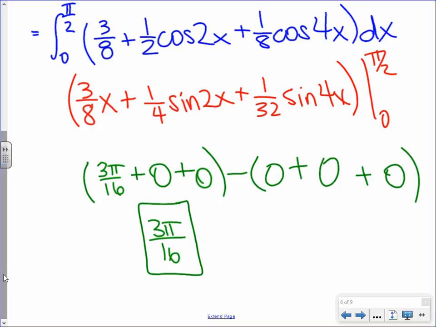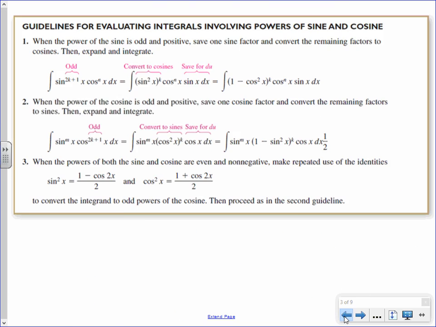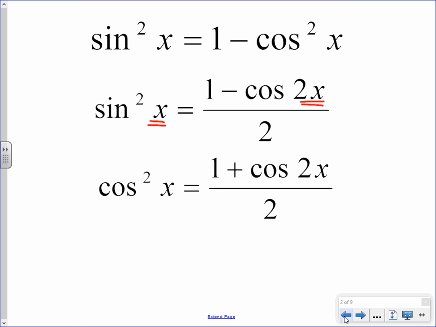Another type of problem. Okay, so let's talk about if we have sine squared, cosine squared. Notice how both power reducing formulas are in terms of cosine. So cosine squared times sine squared wasn't the best example.